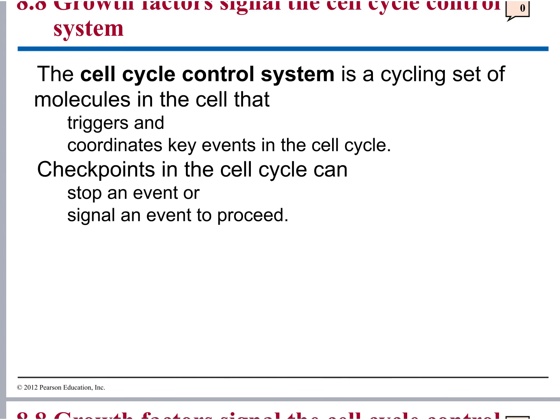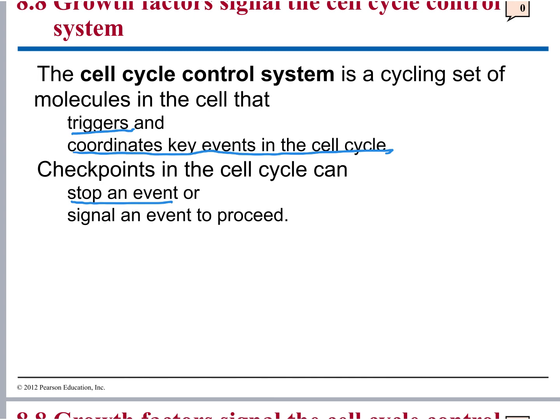So there are growth factors that signal what we call the cell cycle control system. These growth factors are going to be molecules that trigger and coordinate events in the cell cycle. And through the cell cycle, there are checkpoints where, if there's something wrong with the cell, or chromosomes haven't duplicated properly, or organelles haven't duplicated properly, the cell cycle can be stopped.